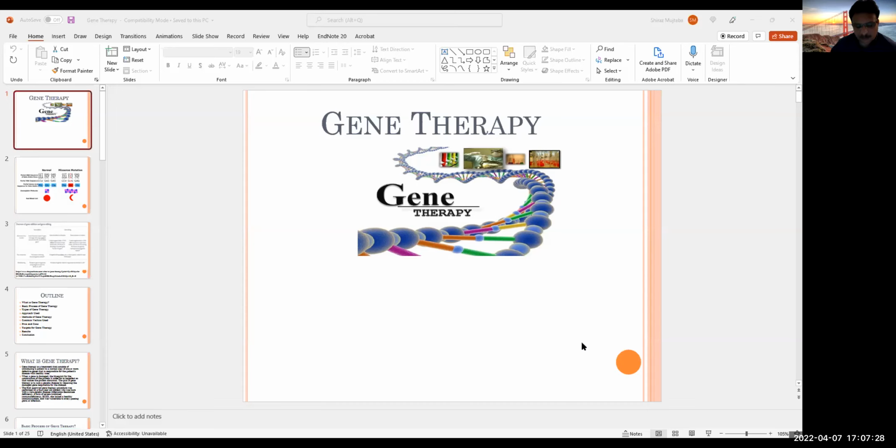Because gene therapy is needed in situations where a particular gene has gone through alteration in its nucleotide, and the problem is that it's very hard to rectify a gene that has an altered nucleotide, because an altered nucleotide will give rise to altered RNA or mRNA and then to altered protein. So I want to teach this class using a disease model of sickle cell anemia.